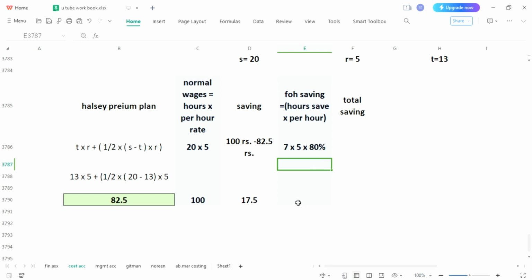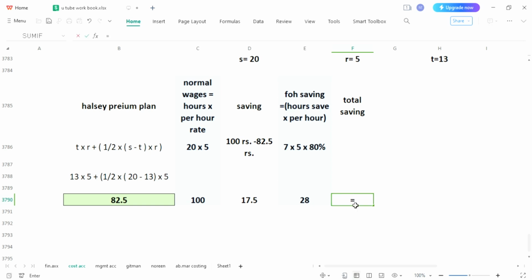So this way you will calculate FH saving: 7 hours multiplied by 5 and then multiplied by 80%, that means multiply by 80 divided by 100. So in this way your saving through FH is 28, and saving through the formula is 17.5.